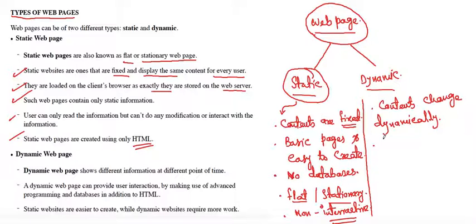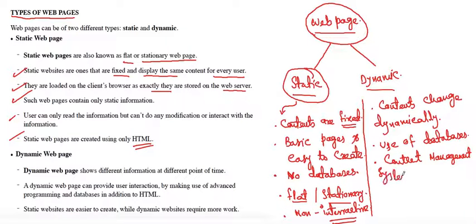Majority of the time, dynamic web pages access the contents from a database. That means they make use of a database, so use of a database is evident. Sometimes they can also use content management systems, which we call CMS.